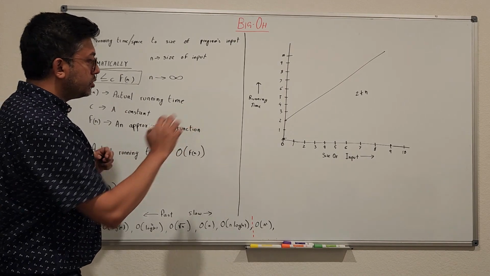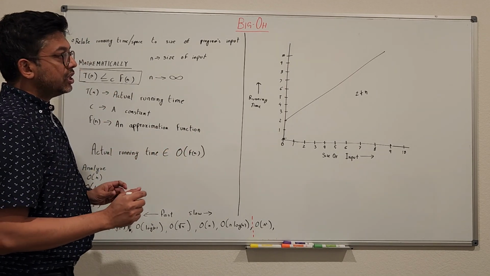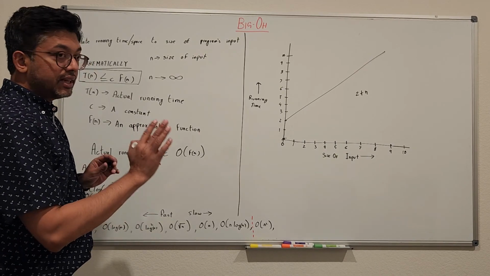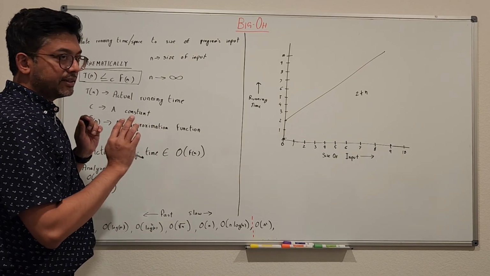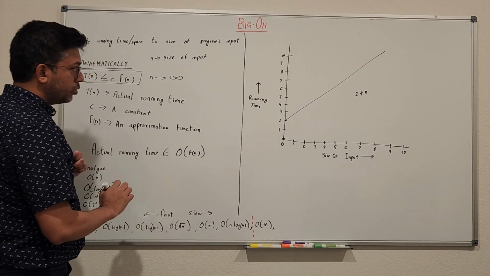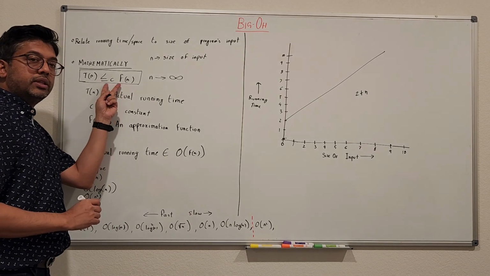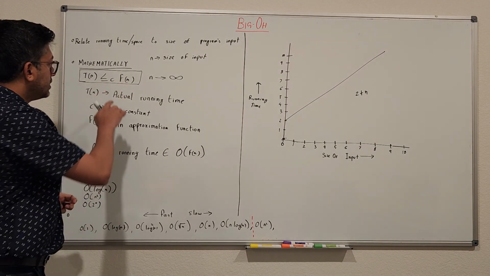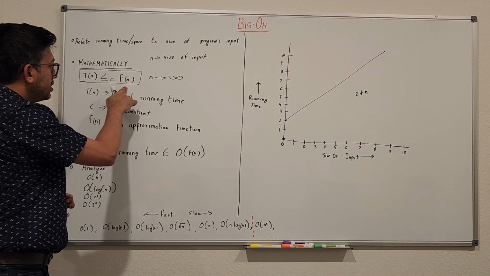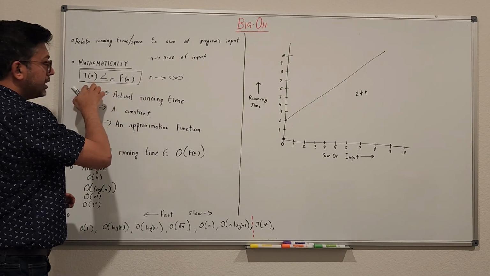Suppose that is my actual running time, which is t of n. Now I want to denote it in terms of BigO. So BigO, like I said earlier, is an approximation. It's not exact. If this condition is true, then my BigO is true. So some constant times this, as n tends to infinity, should be bigger than the actual running time.